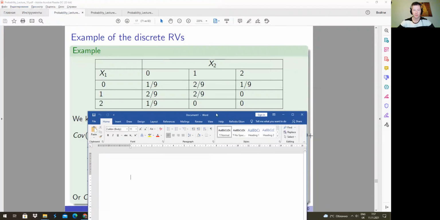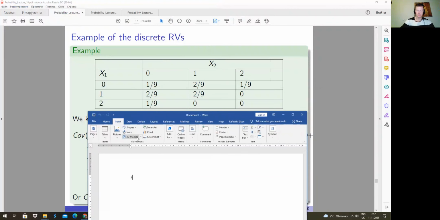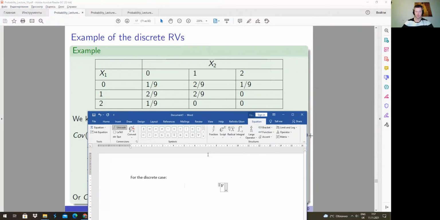So what do we need to have for the discrete case? We need to know the variance of each variable. We need to know the variance of x1.